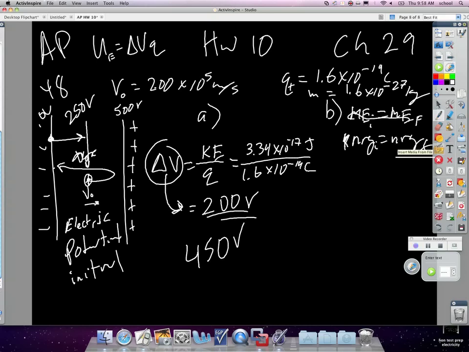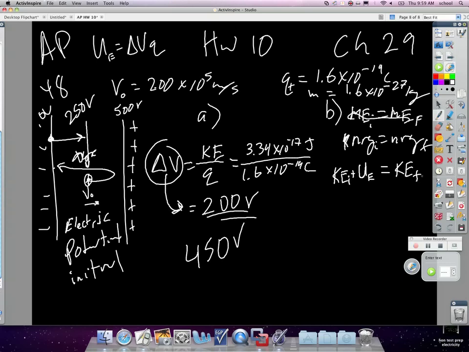And the initial energy is kinetic energy, and I'm just saying the energy is conserved. And the initial kinetic energy plus, I'm going to say, the electrical energy is going to equal the final kinetic energy.